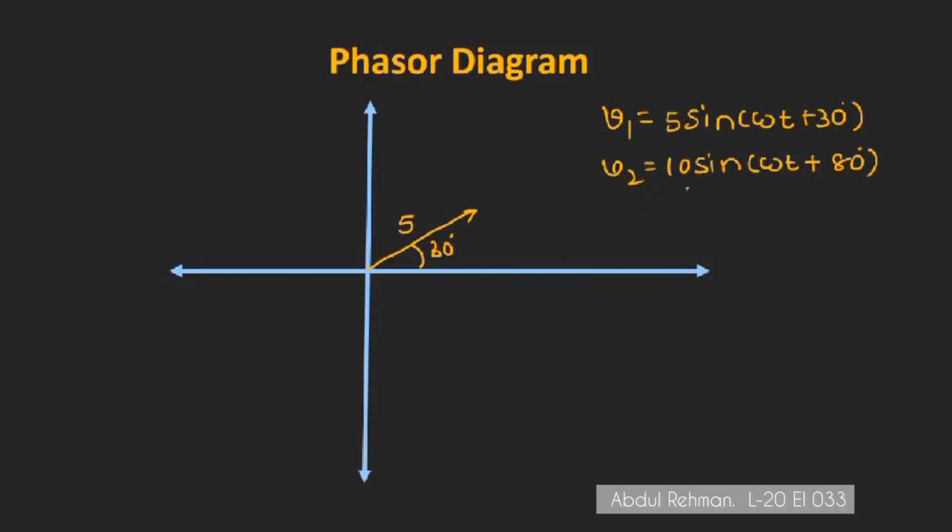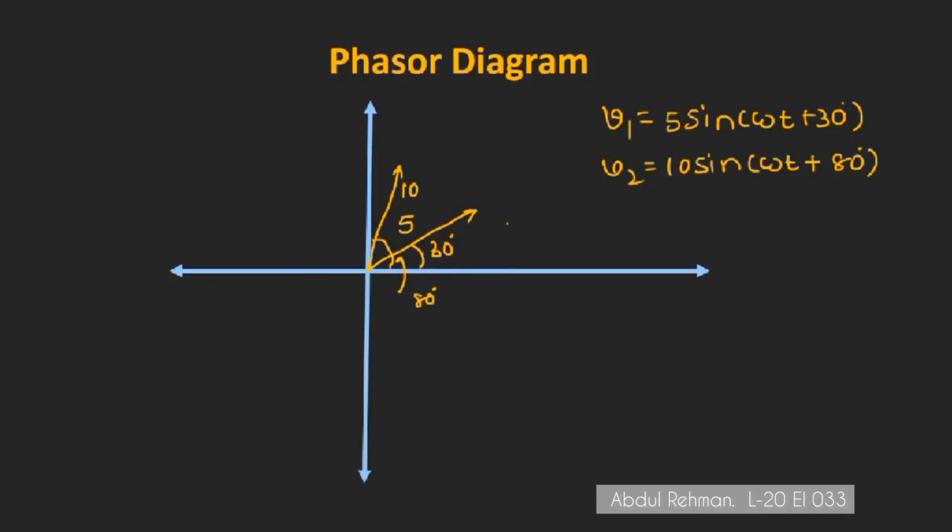For the second signal, 10 sin(omega t plus 80 degree), the peak amplitude is 10, so we draw a vector with a magnitude of 10, making an angle of 80 degree with the horizontal axis.